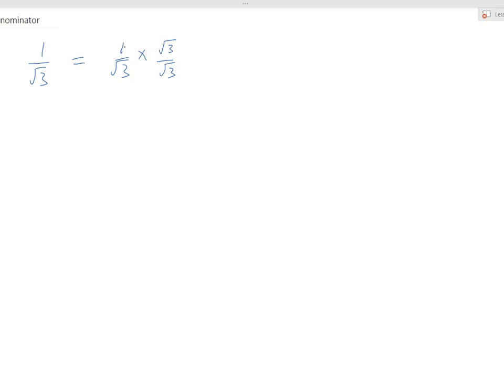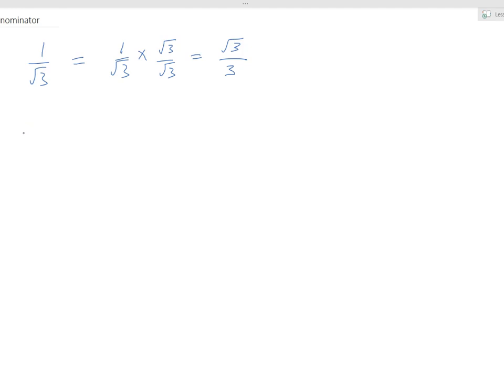So basically I'm multiplying this 1 over root 3 by 1, which means fundamentally I'm not really changing it, but it does help me to simplify it. Now 1 times root 3 gives me root 3 on the top, and on the bottom I've got root 3 times root 3, root of 9, which is just 3. So that's that simplified. Let's try another one.